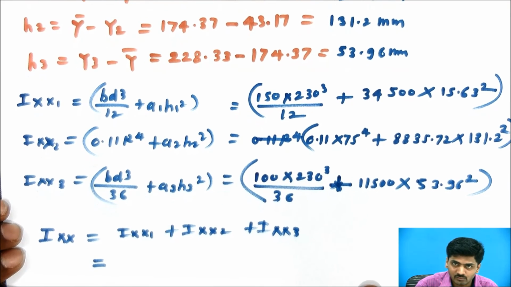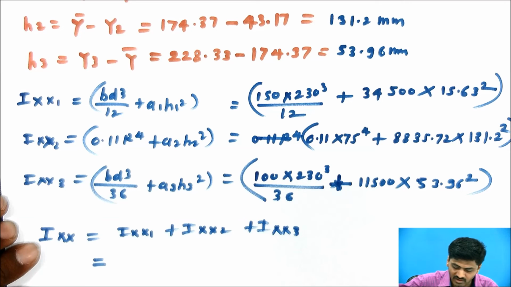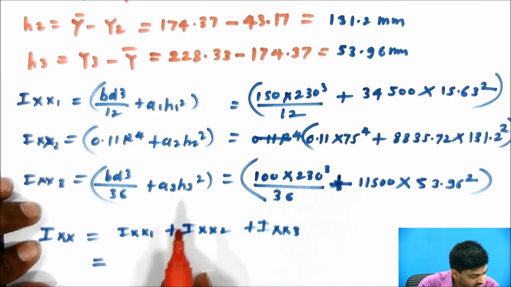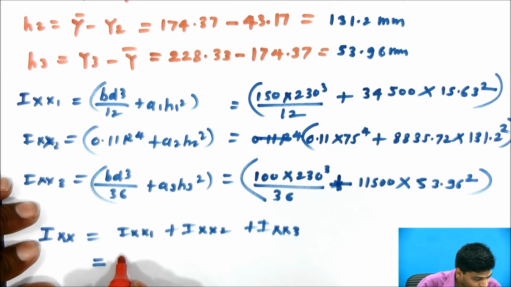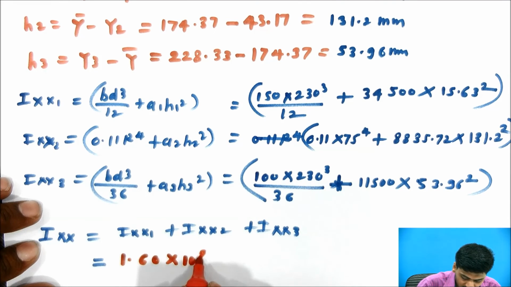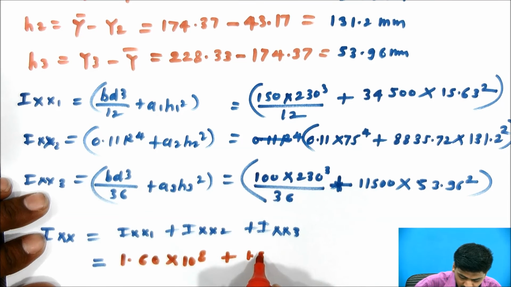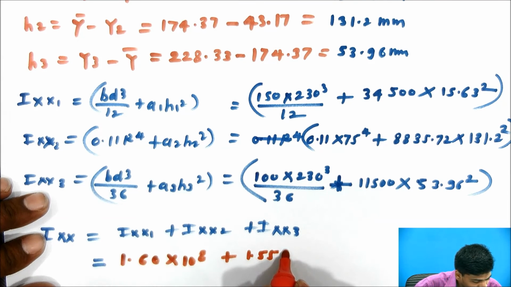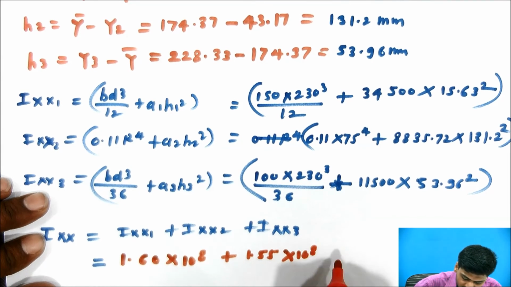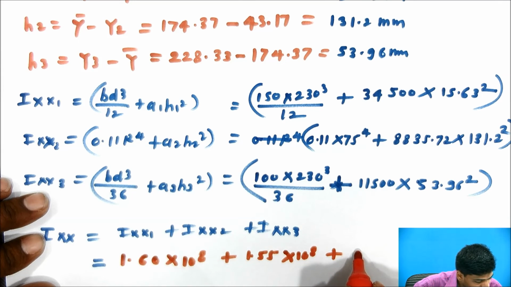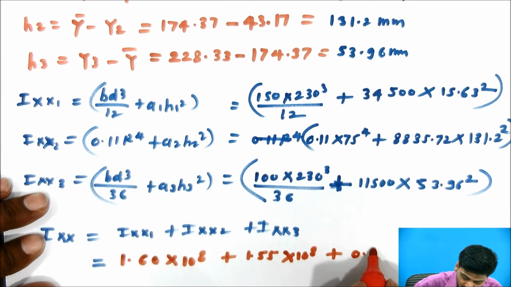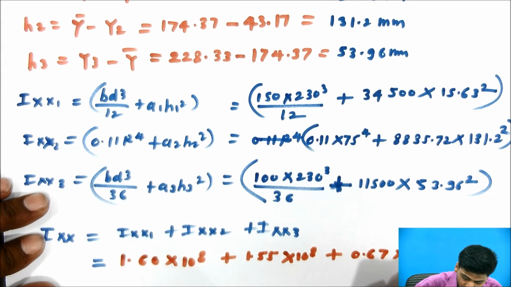After calculation you will get the values of Ixx1 as 1.60 into 10 power 8, plus 1.55 into 10 power 8, plus 0.67 into 10 power 8.